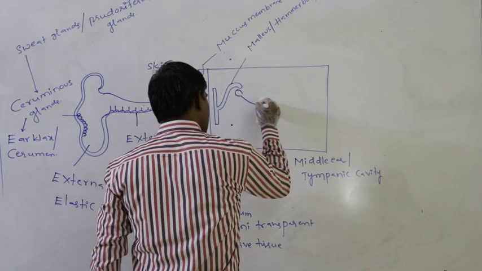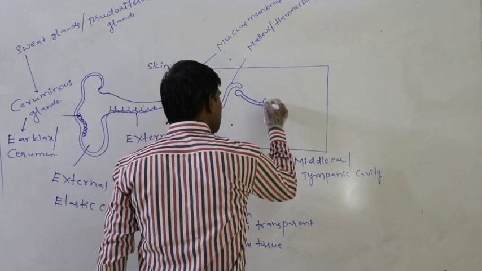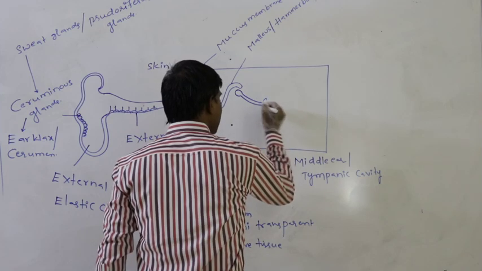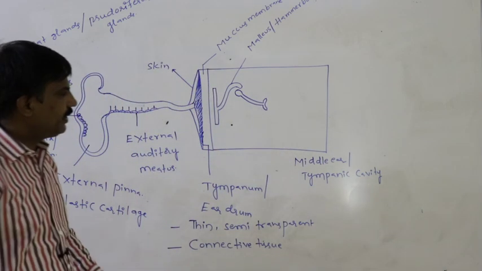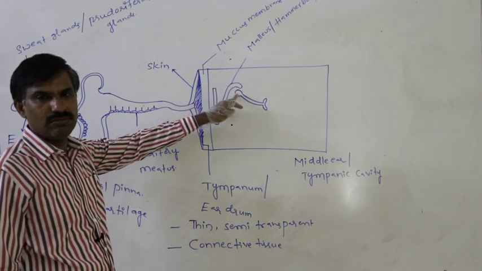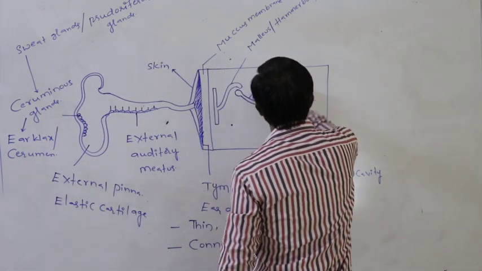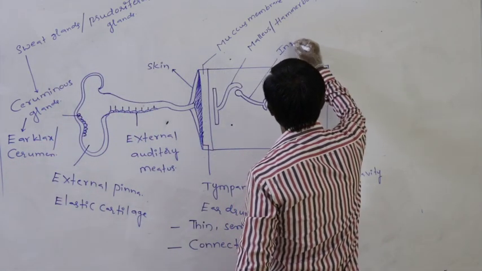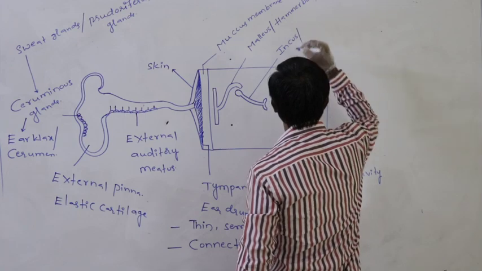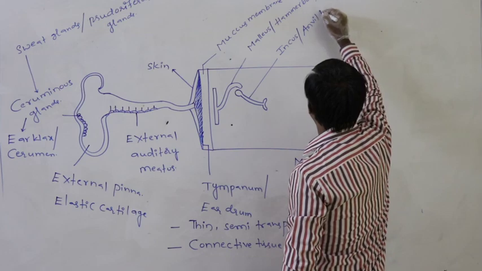the head of the middle bone, that is the incus. Definitely the head of the malleus always attaches to the head of the incus. This is the middle bone, the incus bone or anvil bone.